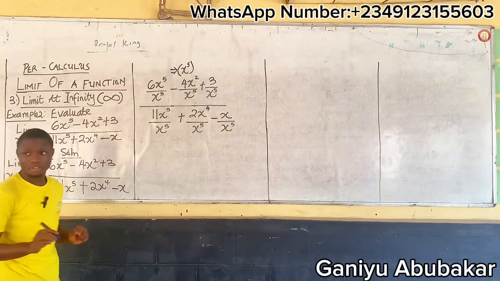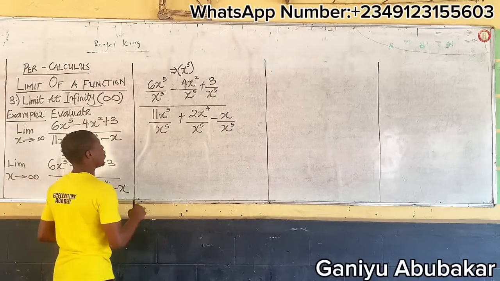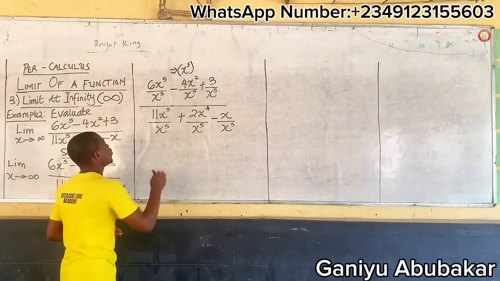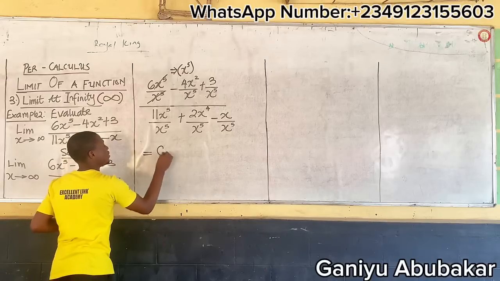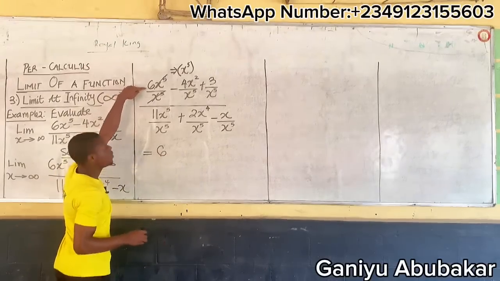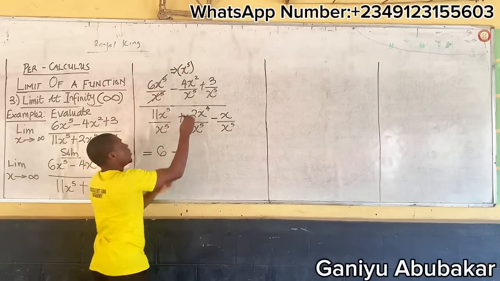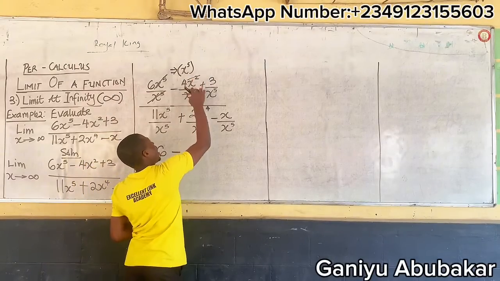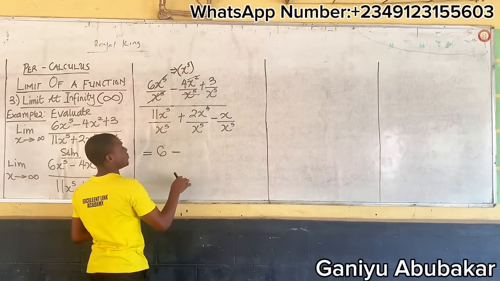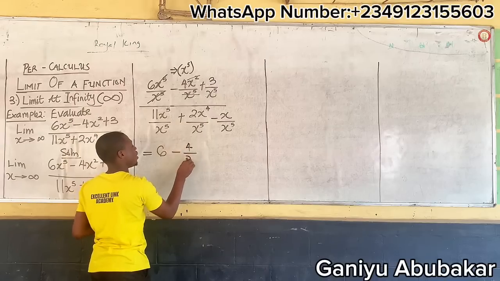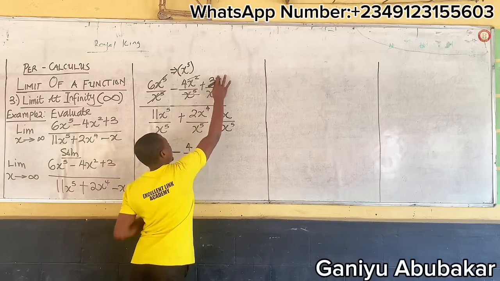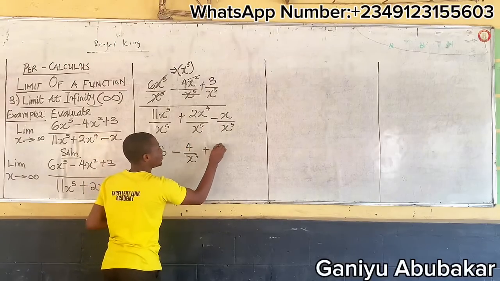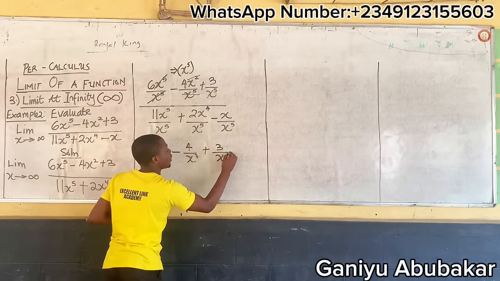Alright. Proceeding from here, I'll simplify this as fast as I can. What do you observe? This cancels this, so I'm having just 6 left here. 6 minus, this cancels this, I'll have 4 over x cubed left, plus this does not have x, so repeat it back. That becomes 3 over x to the power 5.